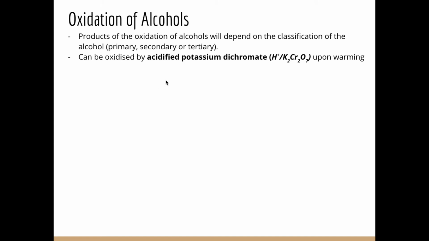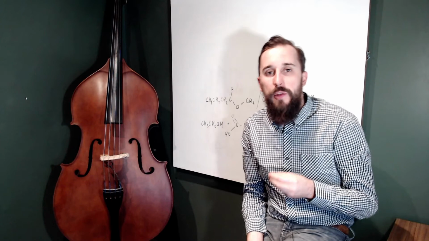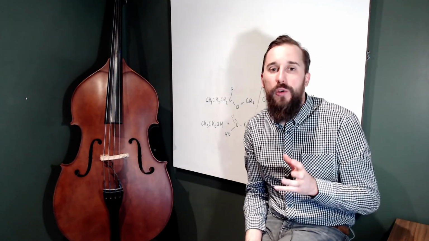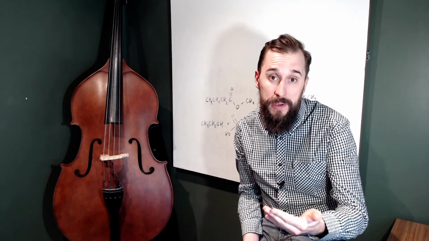Alcohols can be oxidized by acidified potassium dichromate, which is potassium dichromate in an acid solution, upon warming. We need to be able to identify acidified potassium dichromate as an oxidizing agent. Remember, in organic chemistry, we're talking about oxidizing as adding oxygen atoms, okay?